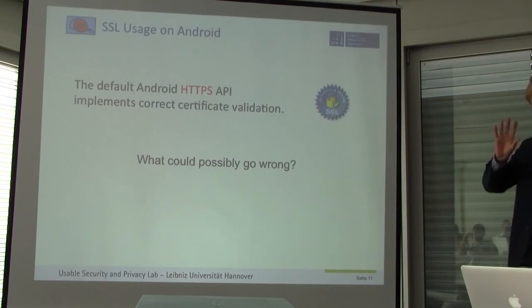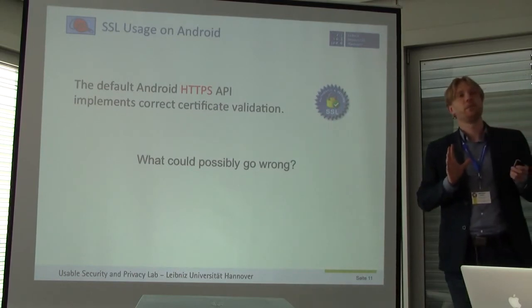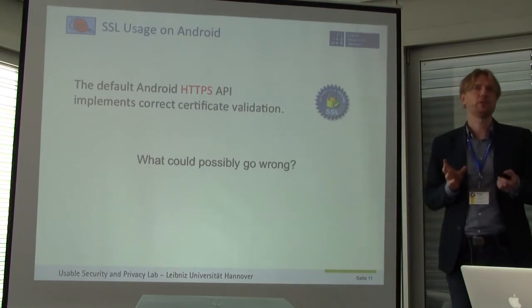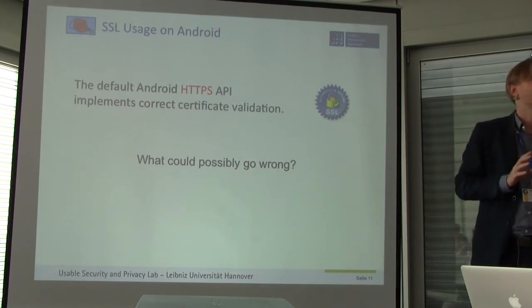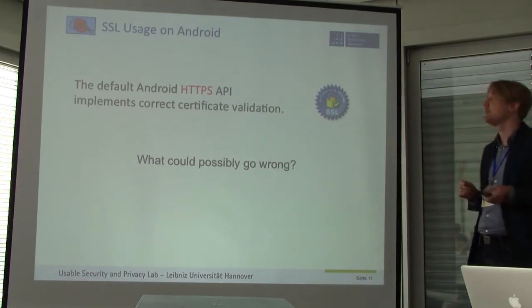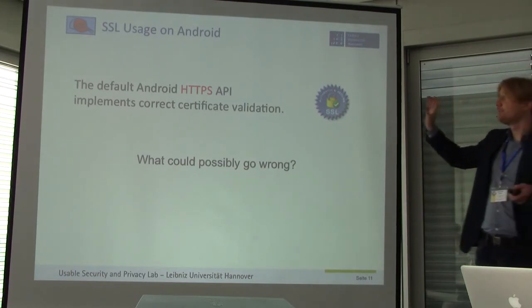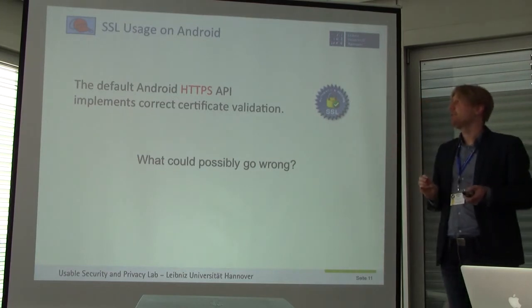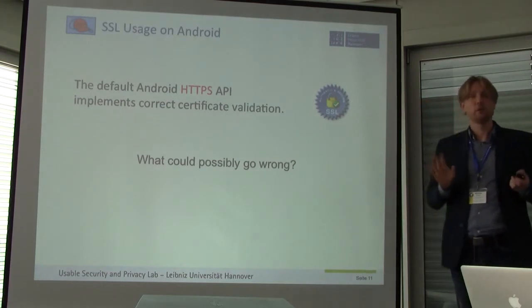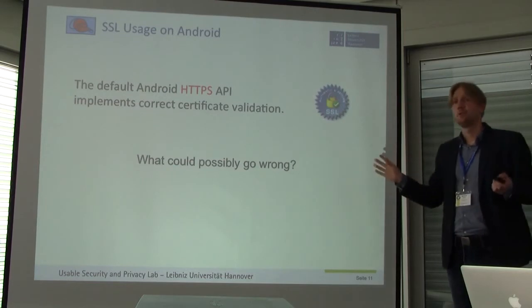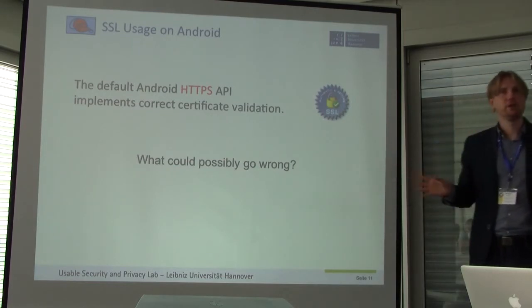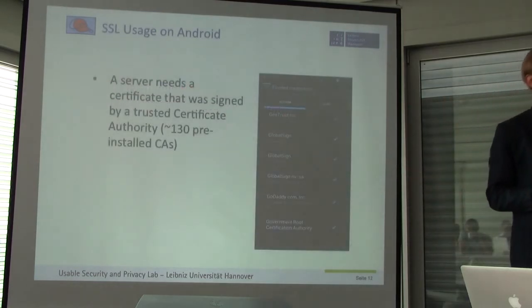But that, of course, only affects people who create their own sockets, which is not all that common. Most apps use HTTPS. We'll see that a bit later on as well. So the default way for Android to deal with HTTPS is okay. It's not broken. So the question is, why are we holding a talk here? What could possibly go wrong? And of course, the answer is a lot.